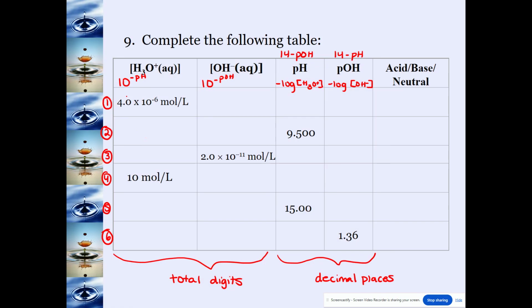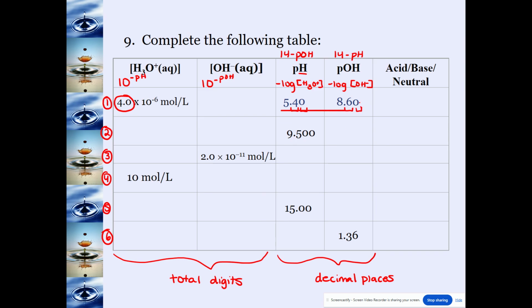Now I have two total digits that are significant in my concentration, so I need 2 decimal places in my pH. Okay, now that I have pH, and again I have pH because I had hydronium ion, hydronium and pH go together, now I can subtract from 14 to have pOH. Now if my pH had 2 decimal places, my pOH also needs 2 decimal places.